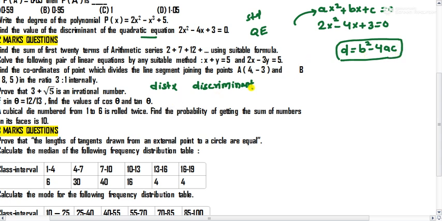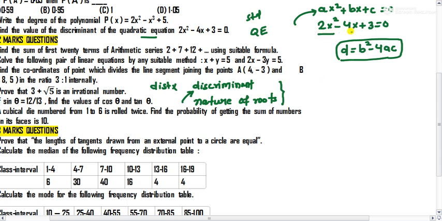And this formula can be asked based on a discriminant question, or the same formula can be used to find the nature of roots. For both of these sometimes you will get 2 marks. So you have to remember this formula, learn it well. D is equal to b square minus 4ac.